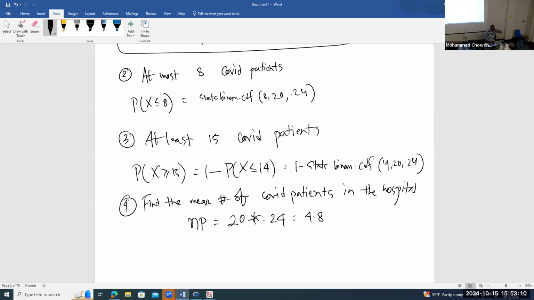Only for the normal distribution, I have to specify in the question that the data follow a normal distribution. Are you understanding? But for the 4 other distributions, I must not. I do not need to tell you that data follow binomial, negative binomial, geometric, or Poisson. By reading the question, you have to decide. Understand?